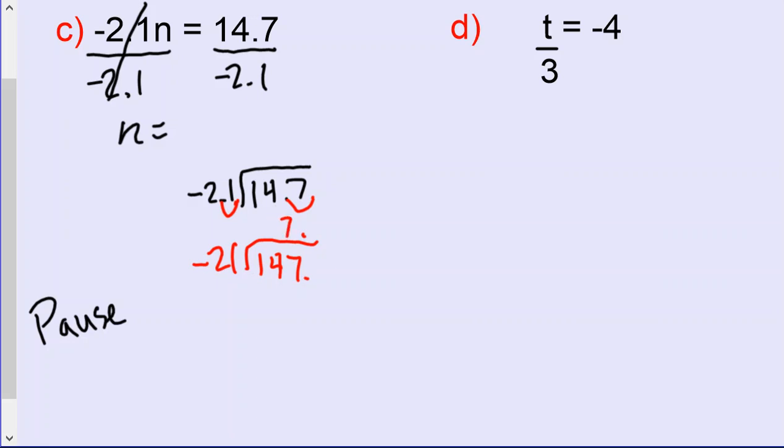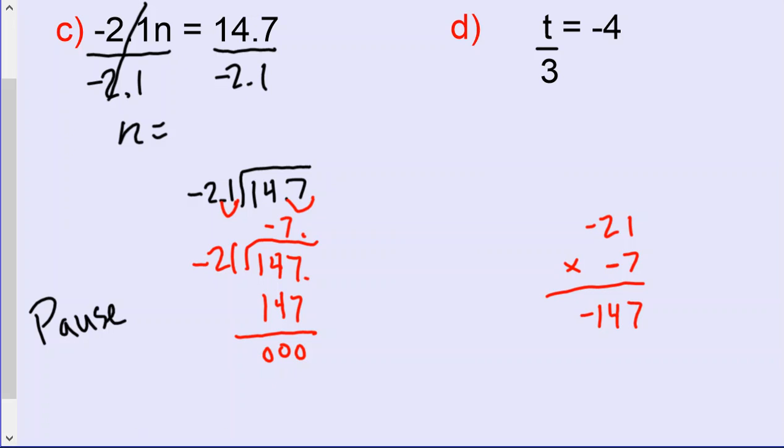And then if we do the multiplication, negative 21 times 7, we would get negative 147. But in order for us to get to 14.7 as a positive, I need to multiply by negative 7. So it's going to be negative 21 times negative 7 would give us 147. And that would be our answer.